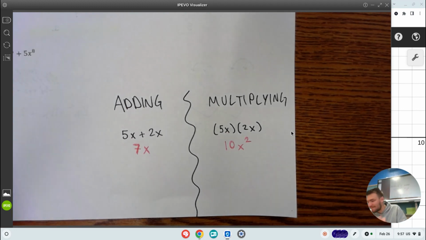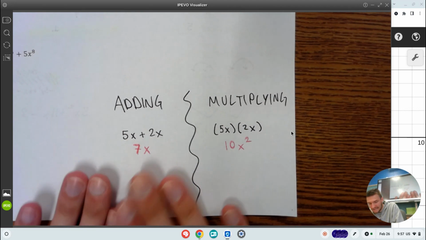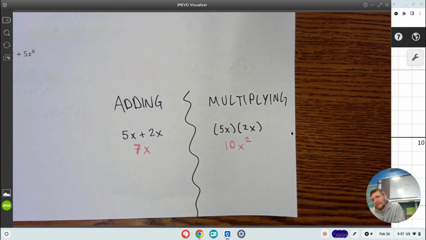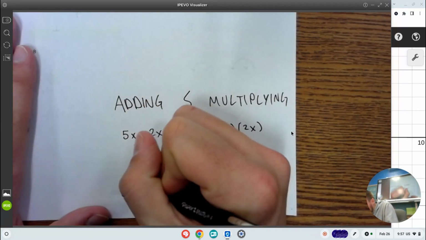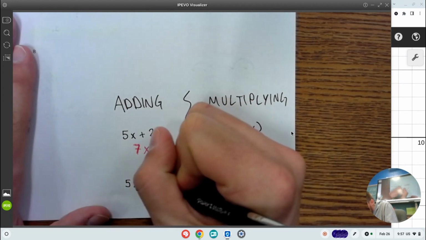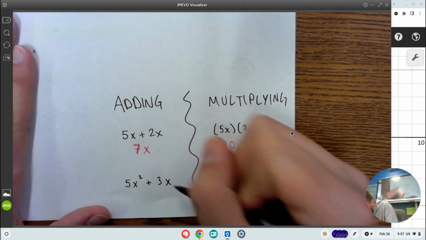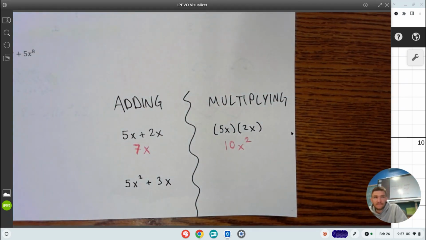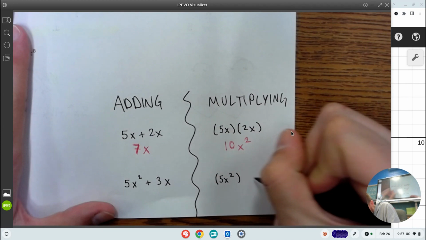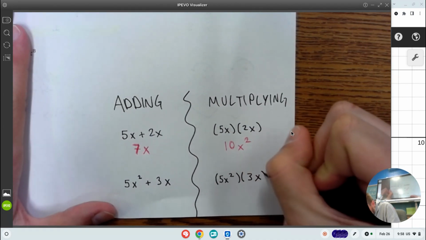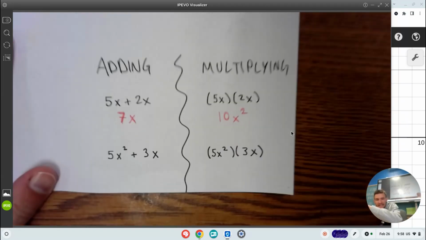Now, multiplying seems a lot harder at first, because for adding, you add the big numbers and then you just get to leave the variables and exponents alone. Let's do 5x squared plus 3x, and then the same thing over here, 5x squared times 3x.